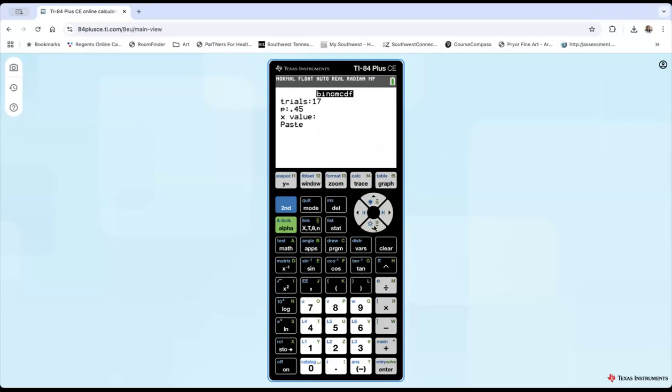And we saw that the complement of at least 11 is less than or equal to 10. So then put paste, enter, enter again, and we see that the answer is 0.083 if we round to 3 decimal places.